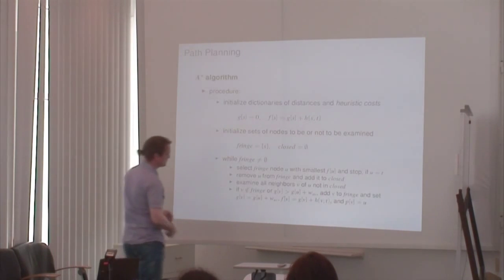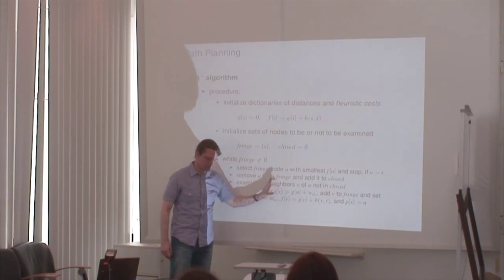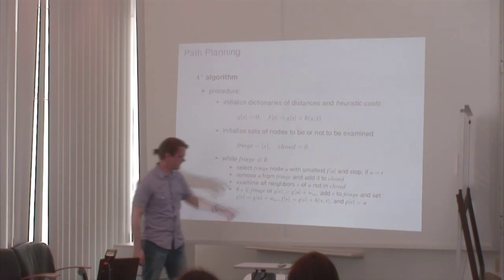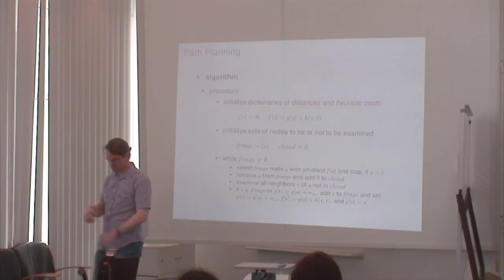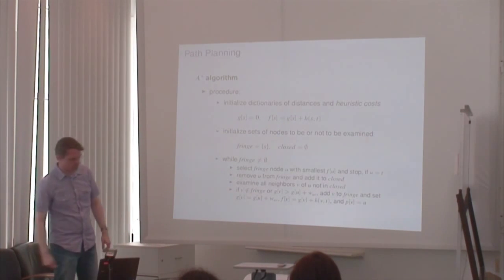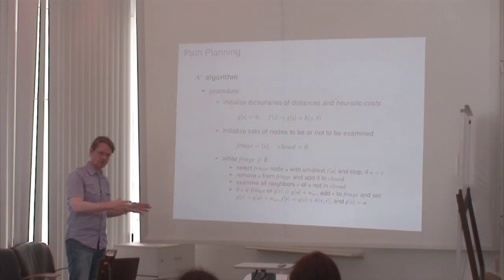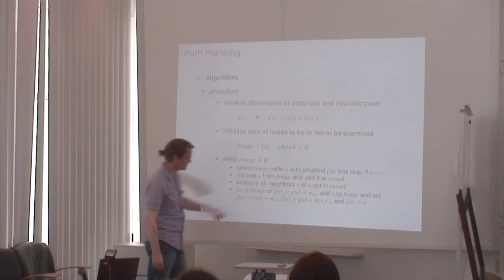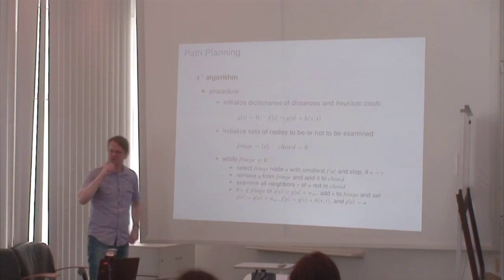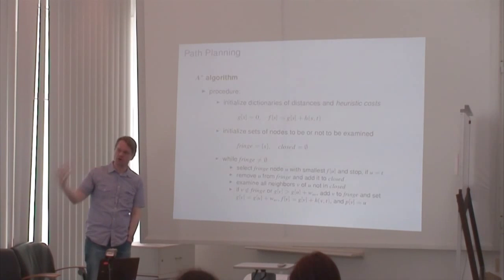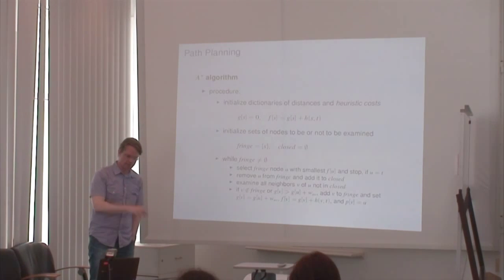So in this dictionary F, we keep track of distances traveled so far to reach the predecessor of V, plus a value to reach this node V, plus a value that estimates how long or how far it is from where we are right now to the target.